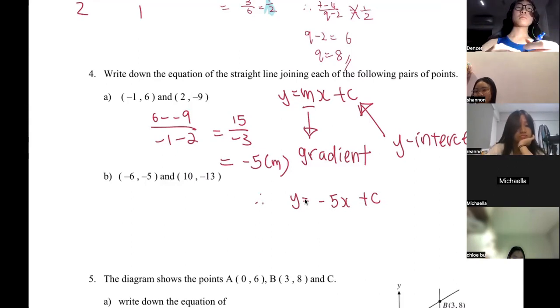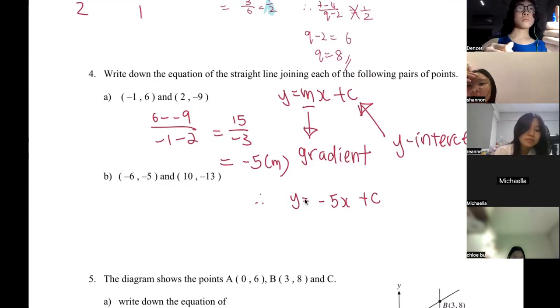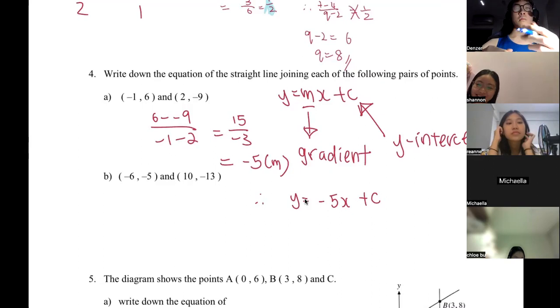Shannon, come, help them. Sub Y and X, like any number. I mean, from the question. Yeah, correct. You can sub in any coordinates as long as that coordinate passes through your graph.